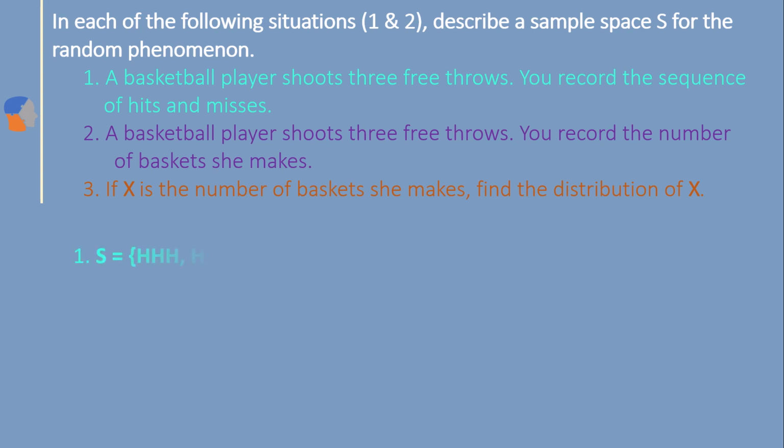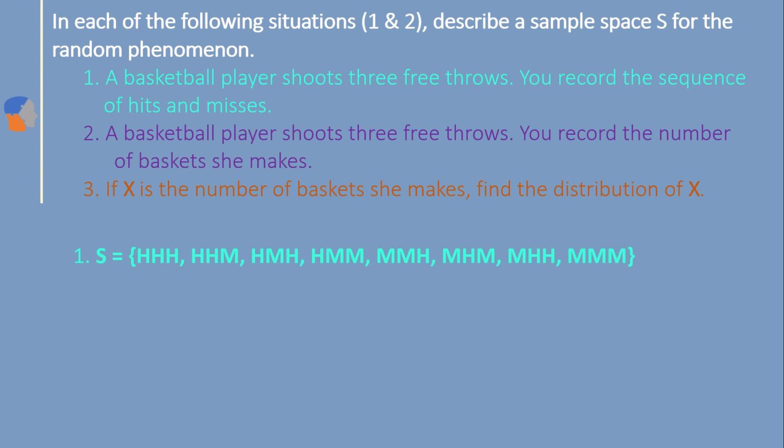Therefore, the sample space should be this. For more explanation, go to the first element. It is HHH. That means first time hit, second time hit, third time hit. Second one, HHM. That means the first 2 hit, but the last one missed. Similarly, you can understand the rest.